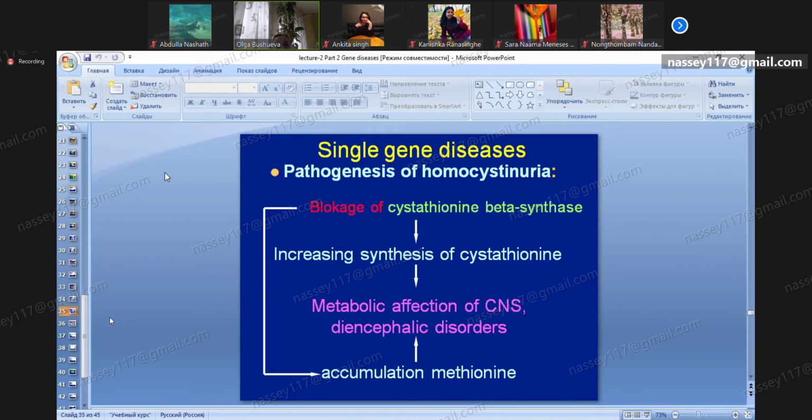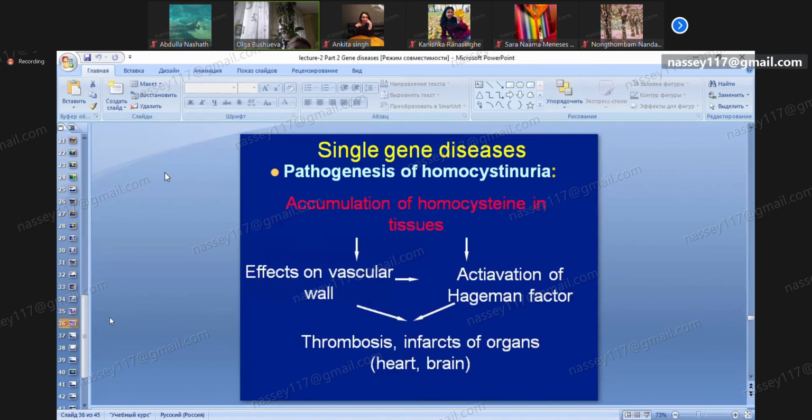Blockage of cystathionine beta synthase also leads to increased synthesis of cystathionine, metabolic affection of the central nervous system, and diencephalic disorders, and also leads to accumulation of methionine and metabolic affection of the central nervous system and diencephalic disorders.